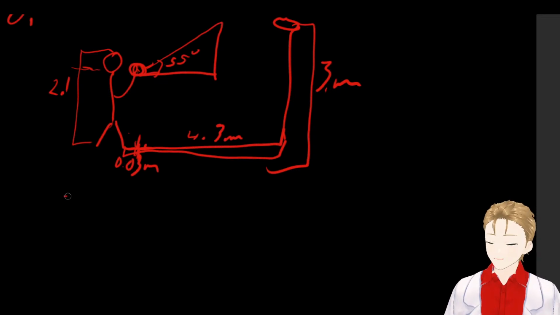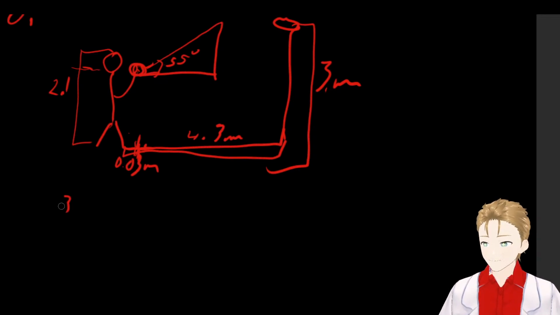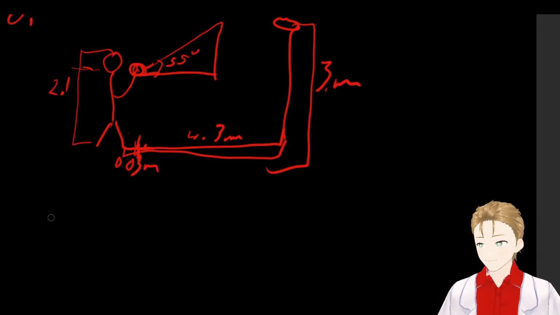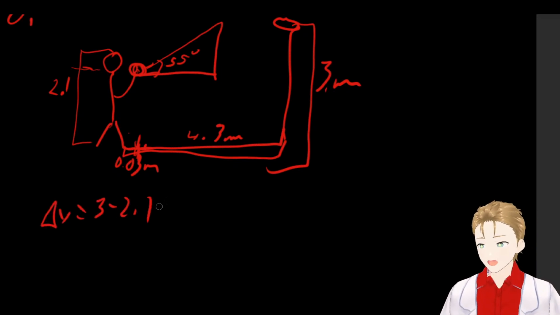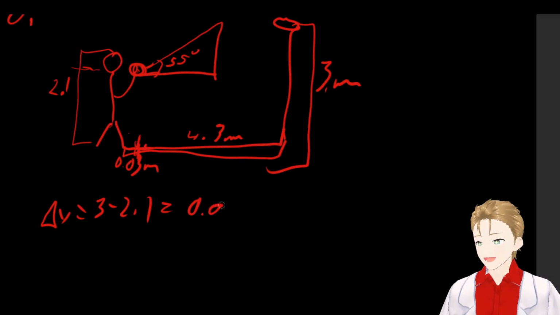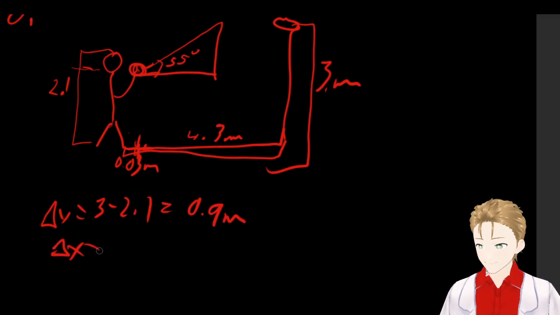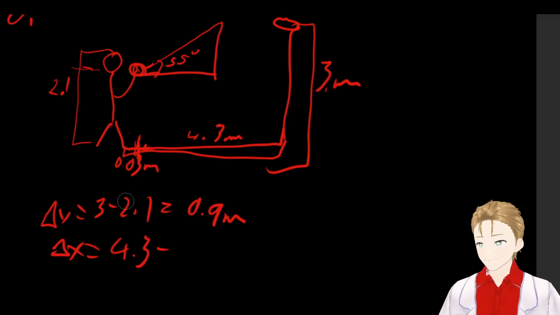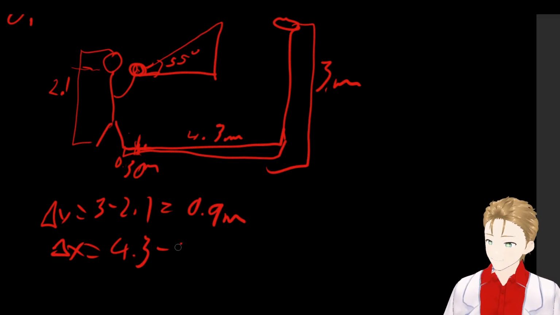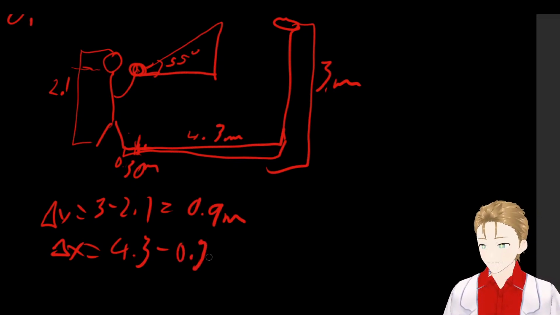So let's get rid of the height. Our y is 3 minus 2.1, which is 0.9 meters, and our x is 4.3 minus, wait, it's 30 cm, so not 0.03, it's 0.30, minus 0.3 meters.